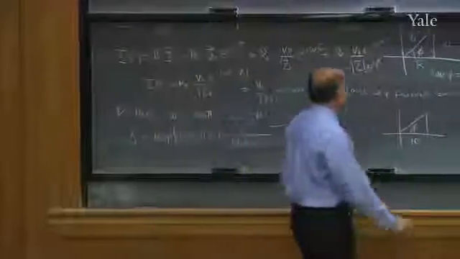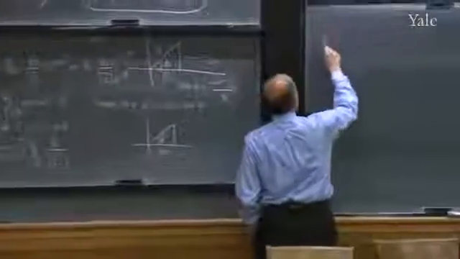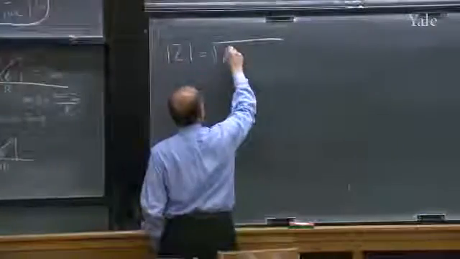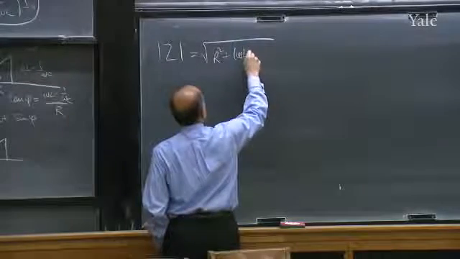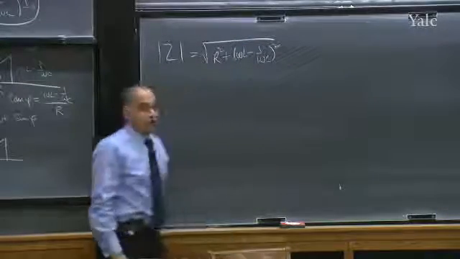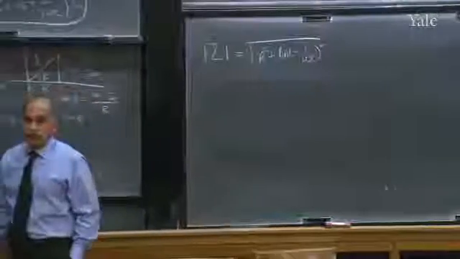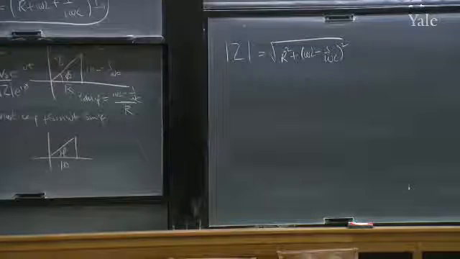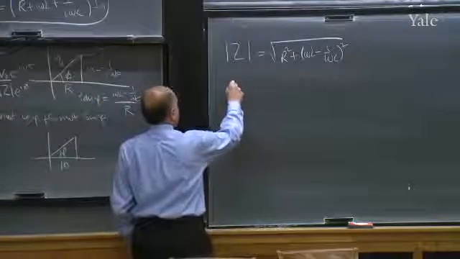So if you want, I'll complete the last part. The absolute value of Z, like for any complex number, is the square root of R squared plus omega L minus 1 over omega C, squared. For any complex number, the absolute value is the square root of real squared plus imaginary squared. So let's write in all its glory the current that we want.